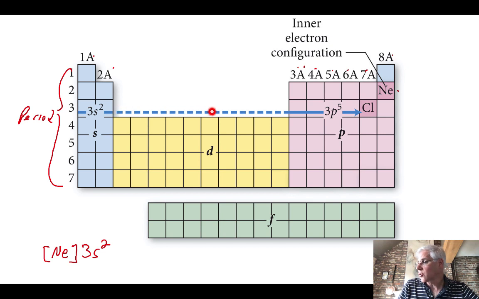Then I have to go all the way across here, and this is the P block in period 3. So we have n equals 1, 2, 3, 4, 5. It's the 5th element of the P block in the 3rd period, and so we would write that as 3p5. So we could write this as neon 3s2 3p5.